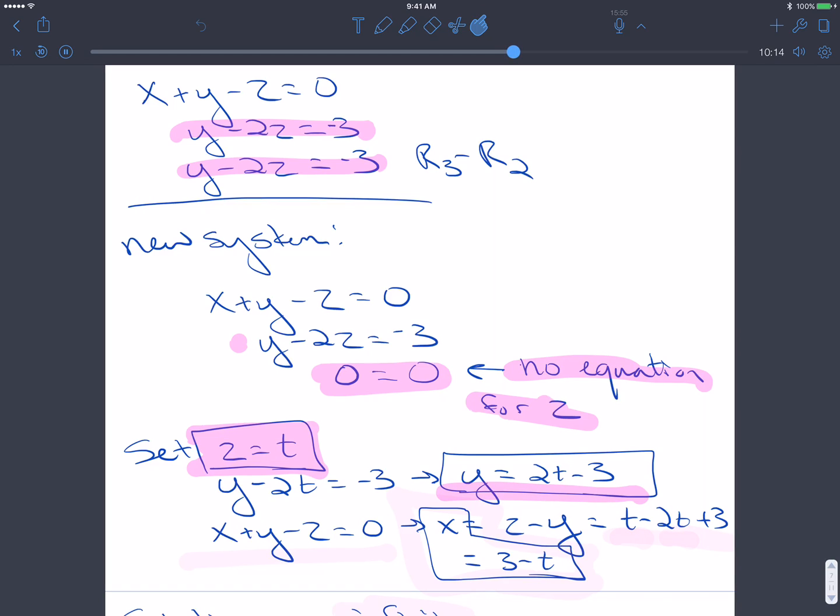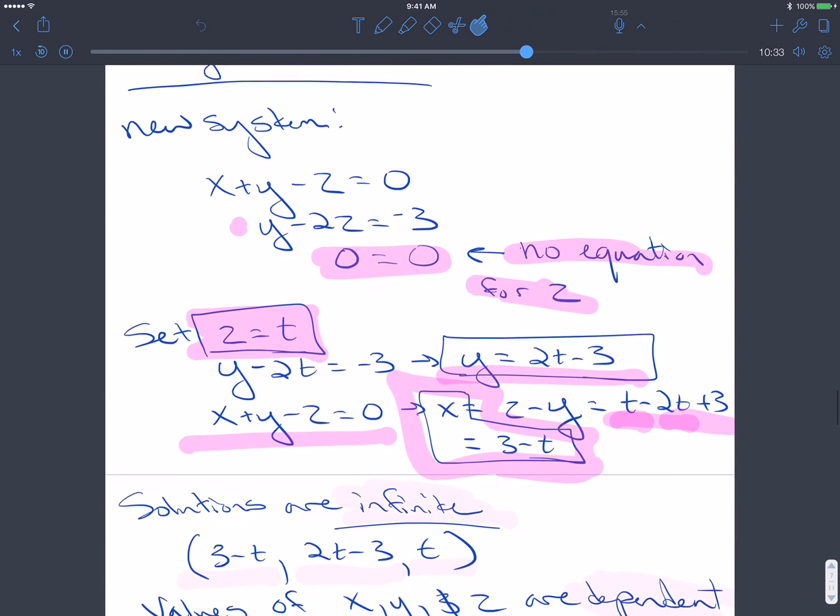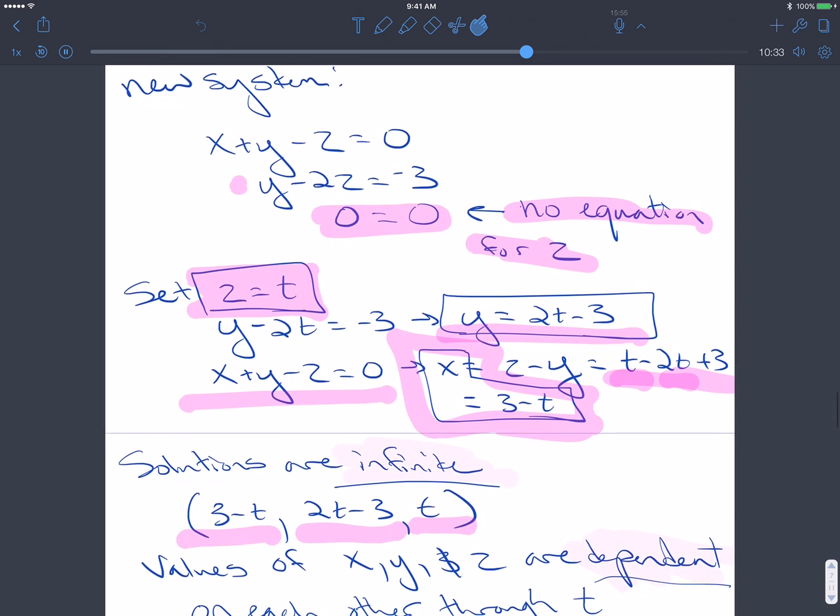And then for the first equation, if I substitute both the z and the y, I have x is equal to z minus y, which is t minus the quantity 2t minus 3. So that simplifies to 3 minus t, ultimately. So my solution looks like 3 minus t for x, 2t minus 3 for y, and t for z.